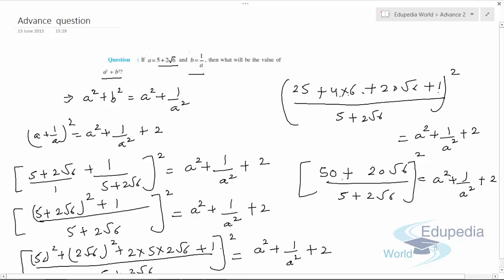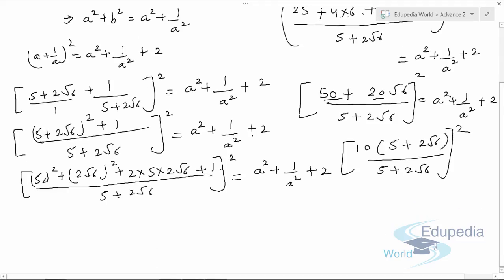Now what we can do is take 10 common out, so the answer will come out to be 5 plus 2 under root 6 upon (5 plus 2 under root 6) whole square equals a square plus 1 by a square plus 2.